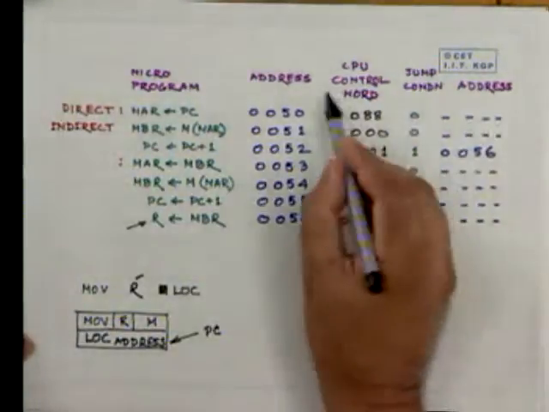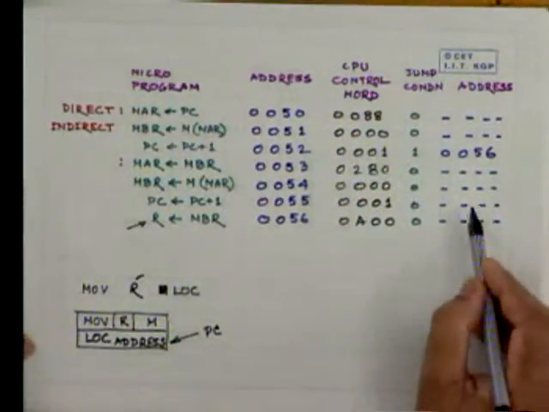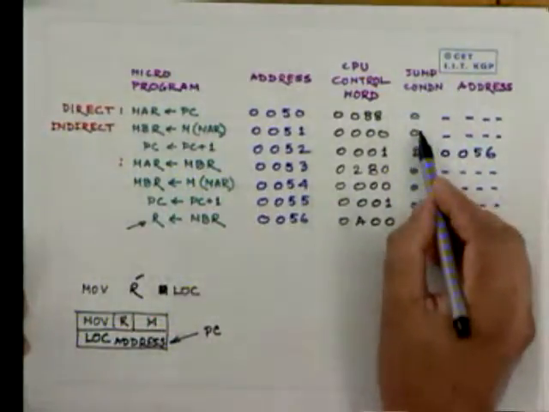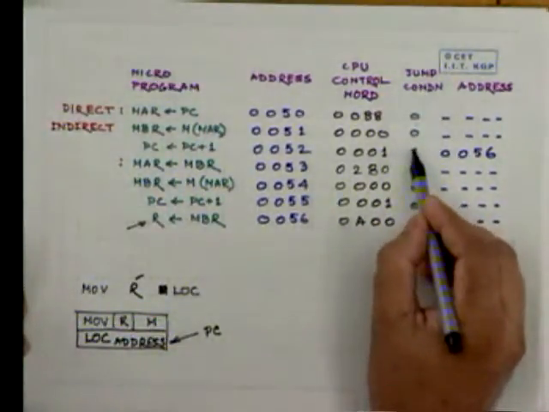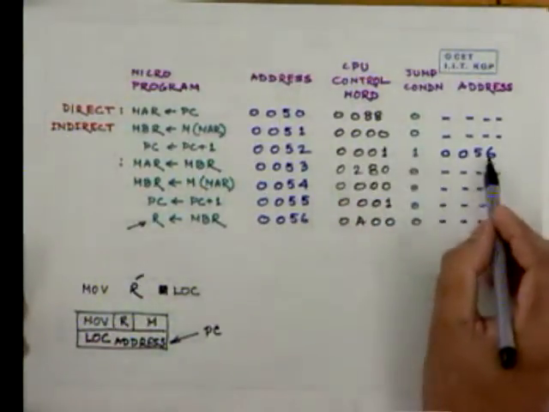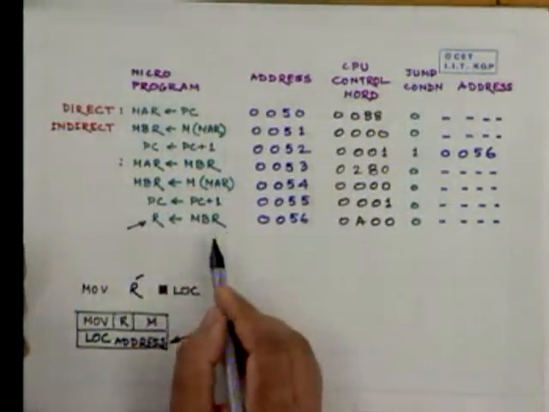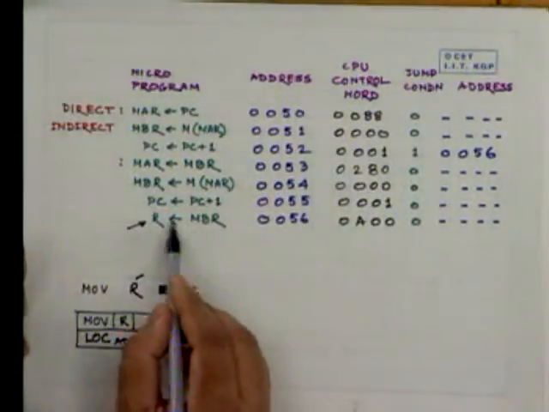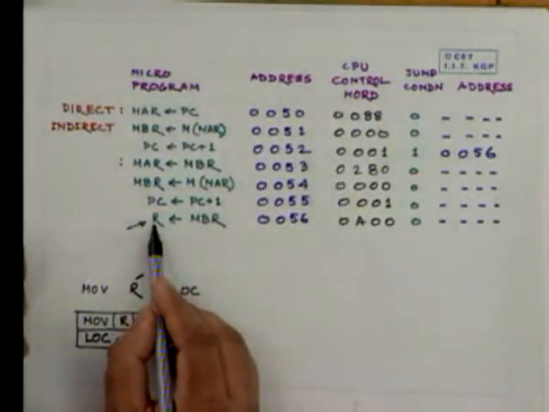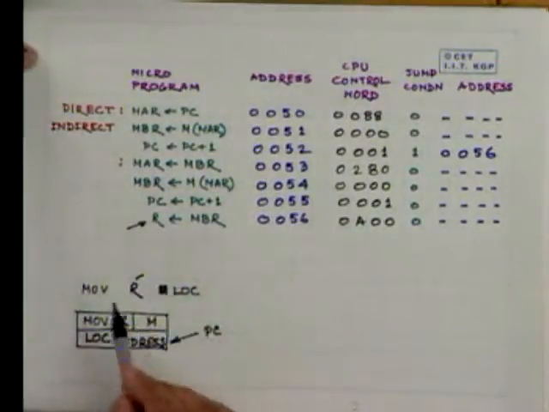In this microprogram, we have indicated that if this jump condition is 1, after execution of this instruction, the control should come to 0056, where the content of the memory buffer register will go to the designated destination register.